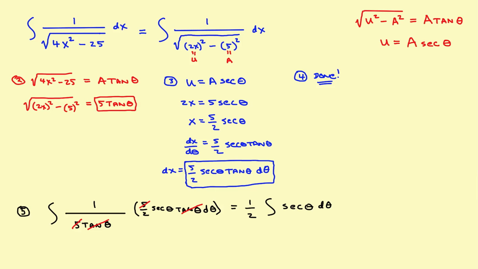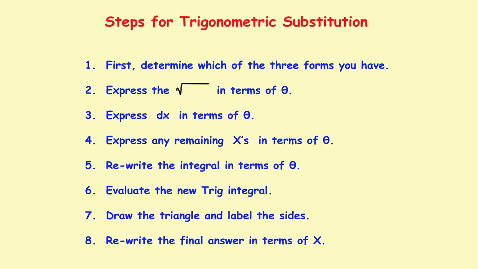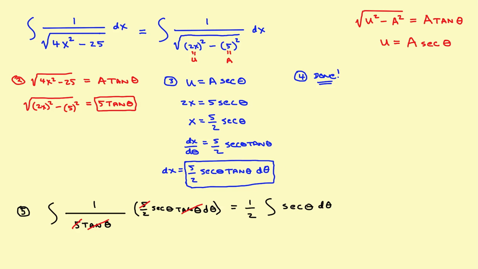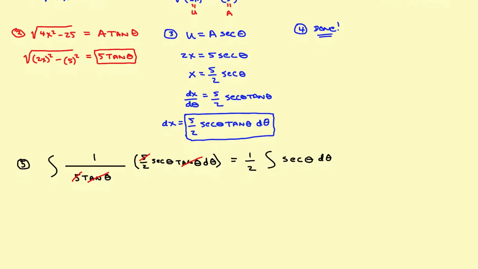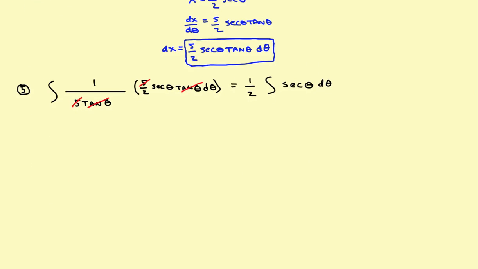Okay, so again, let's go back and take a look at our steps. Step number 6 says, now go ahead and evaluate this new trig integral. So we'll find this solution in terms of theta. You want to find the antiderivative of the secant of theta, and we'll move it down just a little bit here. This will be step number 6.